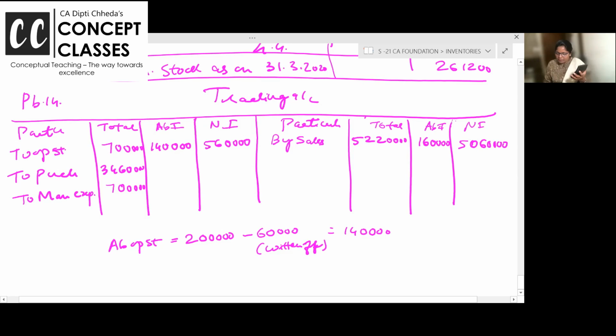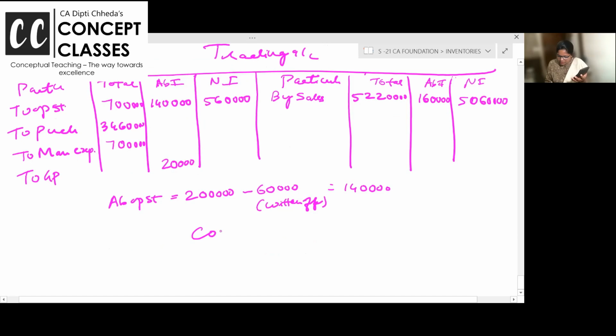Now have you finished typing the problem? Opening stock, normal, abnormal, total, sales, normal, abnormal. Now see, how much is the GP in the abnormal item? 20,000. How much is the GP on the normal sales? That percentage is given. 25% on cost. Cost is 100.